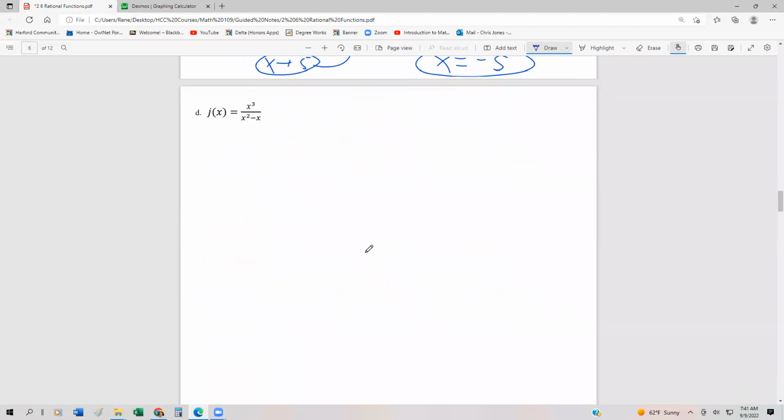Now let's take a look at one last example. And this one's a little bit easier than the previous. So we have x cubed over x squared minus x, right? And again, we look for the domain first. So we set x squared minus x not equal to 0. And so we're going to factor out x.